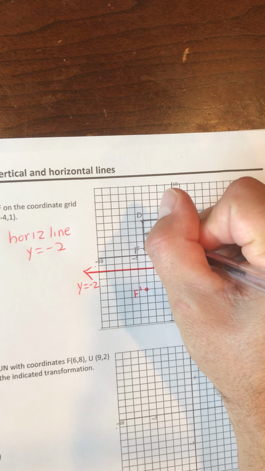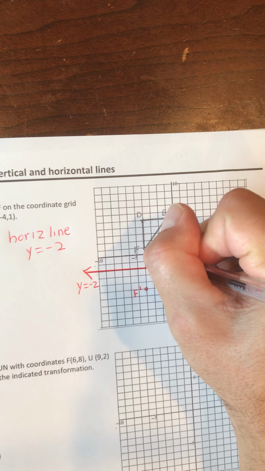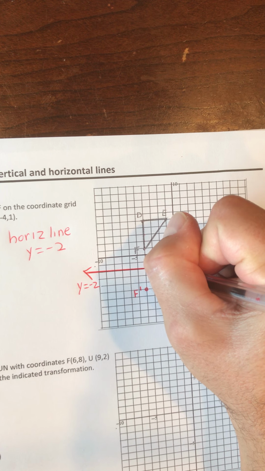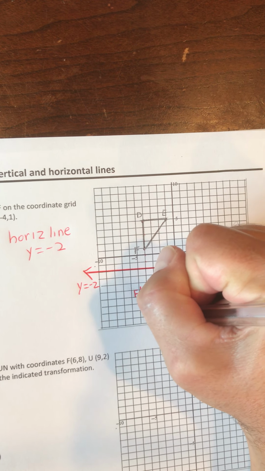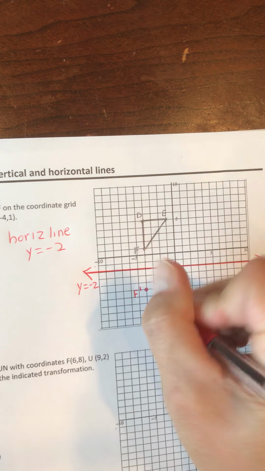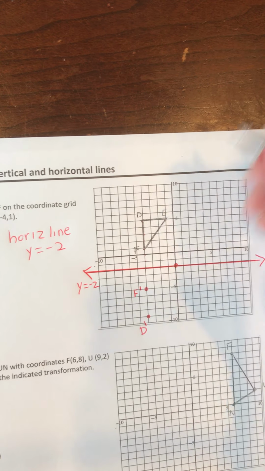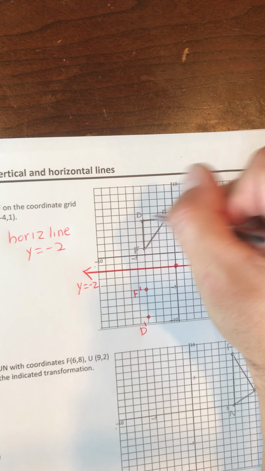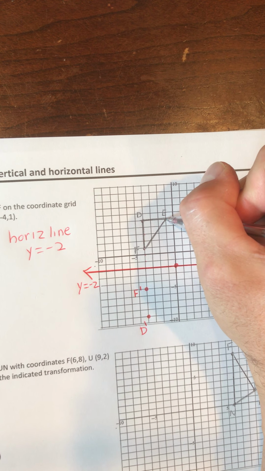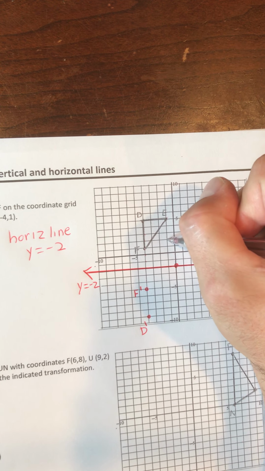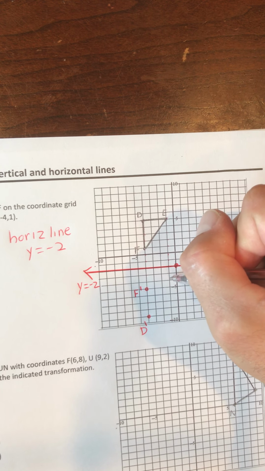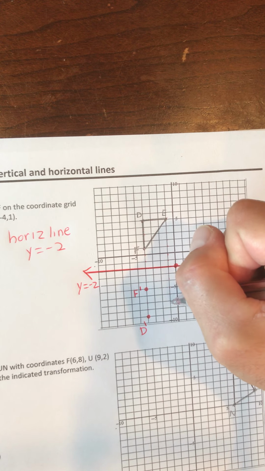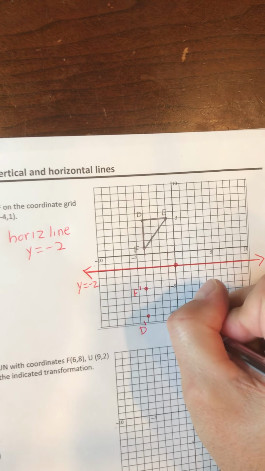D is 7 above, so D prime's got to be 7 below. E is the same thing because they match up horizontally. E is 7 above, so it's got to be 7 below.